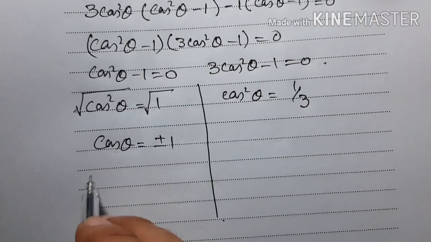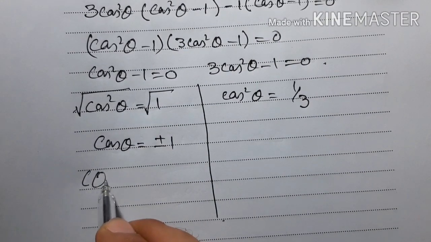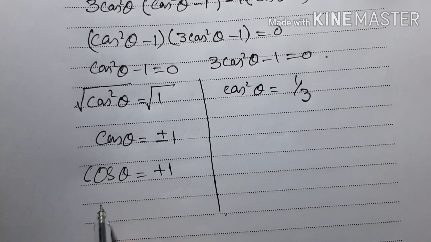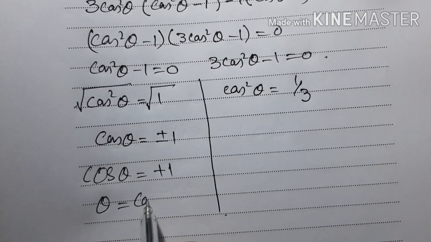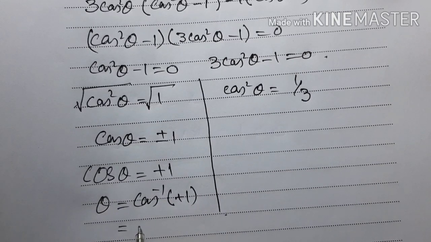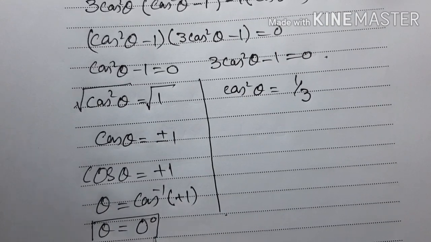So I got two values. Cos theta is equal to plus 1. So this will give me theta is equal to cos inverse of plus 1, which is 0. So I got the first value of theta.